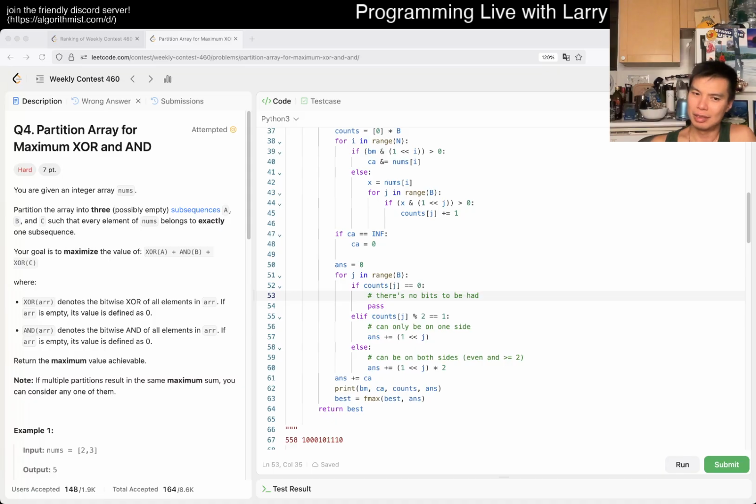I don't know that. Meet in the middle is the.